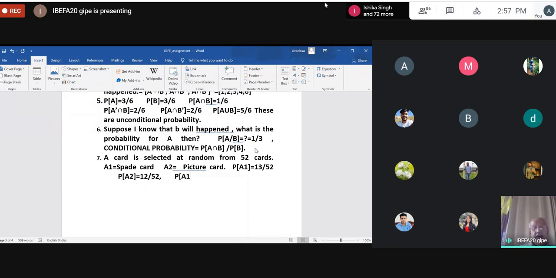Probability of A1 intersection A2 is 3 by 52, etc.